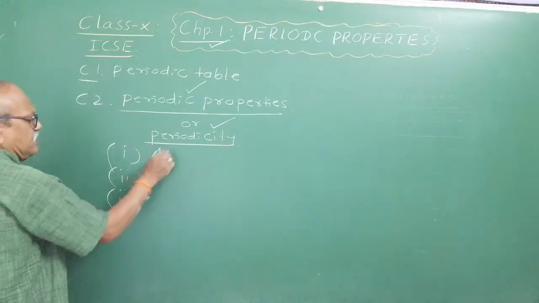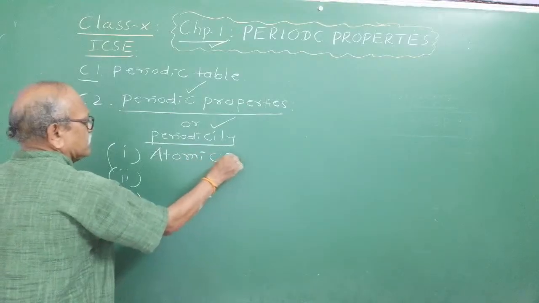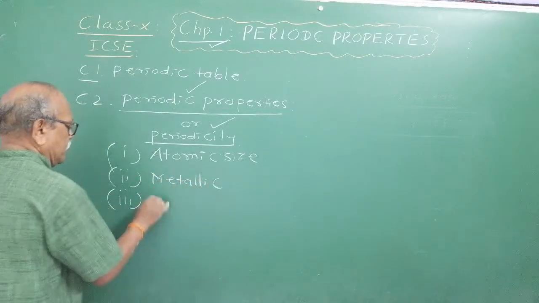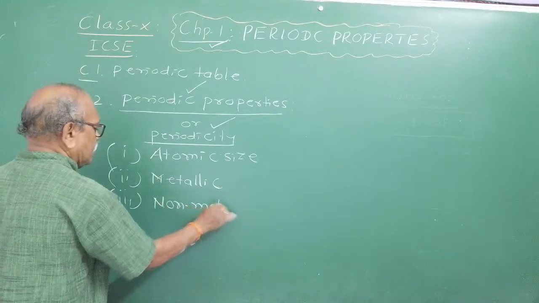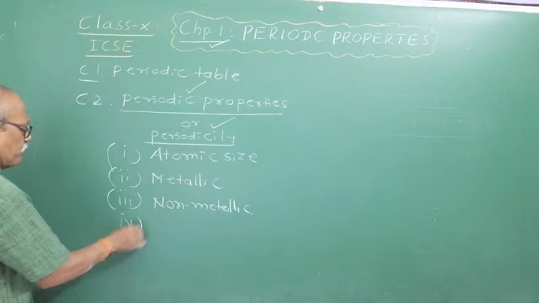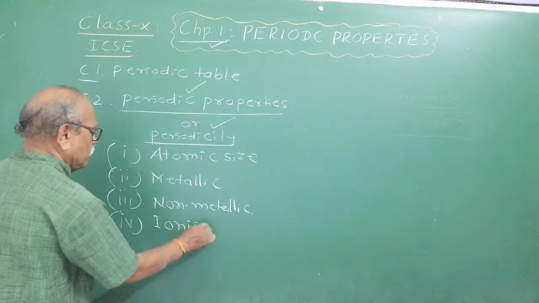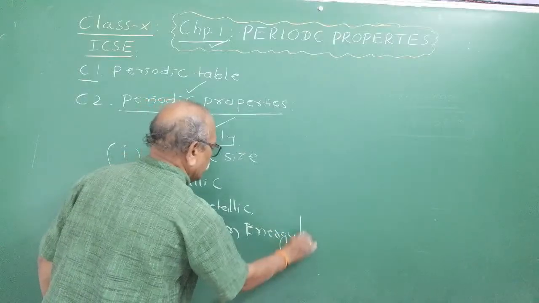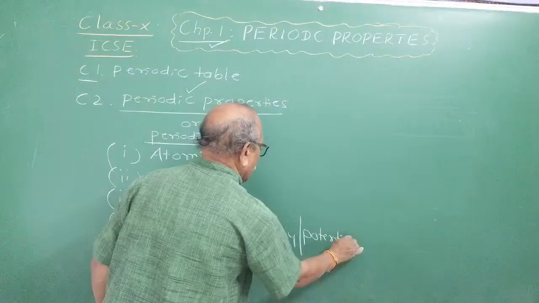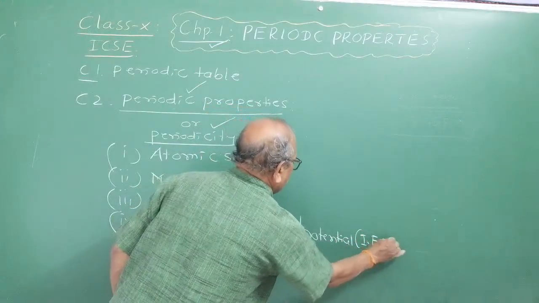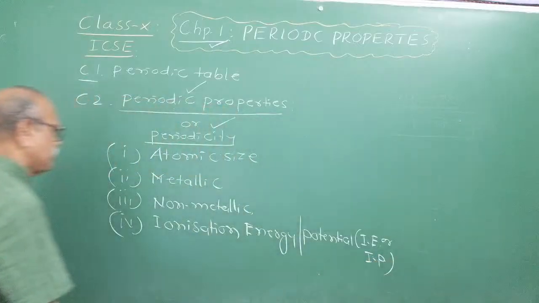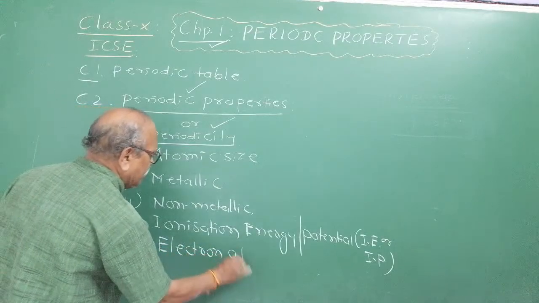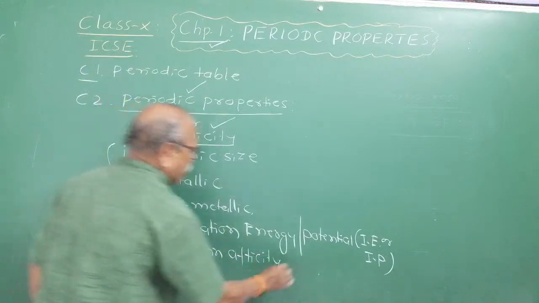So you will be learning atomic size, how it varies along the period. Atomic size, or atomic radius, we also call it. The second property is metallic property. The next property is non-metallic property. The fourth property is ionization potential, also called ionization energy; IE or IP, ionization potential and ionization energy are the same. The fifth one is electron affinity, which we call E.A. They are very easy, my dear students, I will teach you.